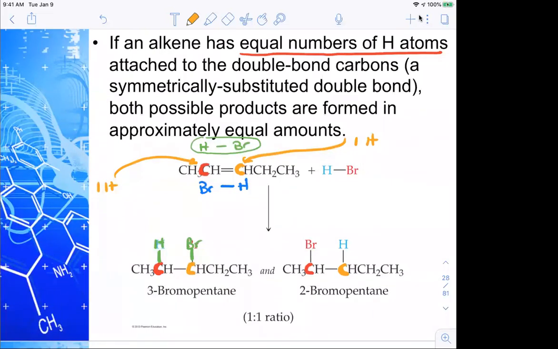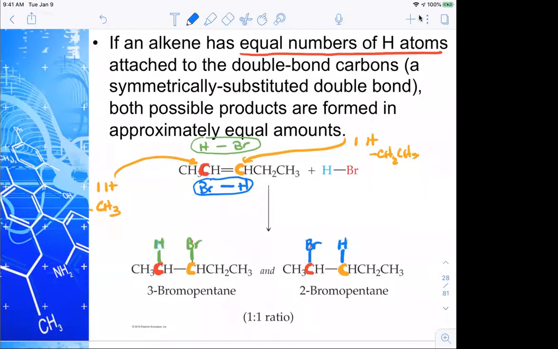The other substituent here is a methyl group. The other substituent here is an ethyl group. So they're not the same, which means that when I add in those two directions, I get two different products. When I do so in this direction, I get the hydrogen attached to the orange carbon and the bromine attached to the red carbon.